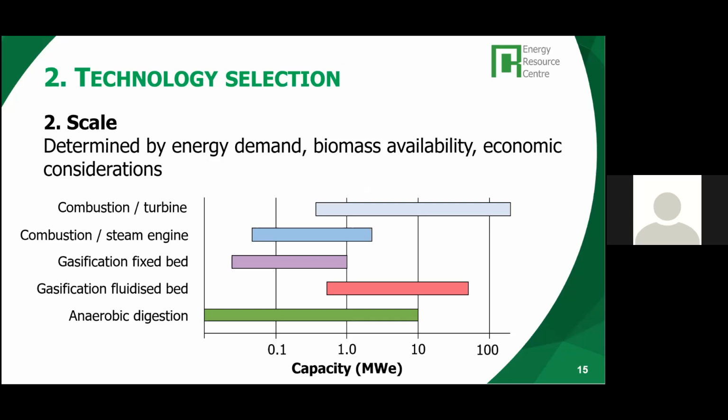In general, this figure should be considered as indicative. Applicable scale ranges for steam turbine systems start from, let's say, somewhere between 100 kilowatts and 1 megawatt.